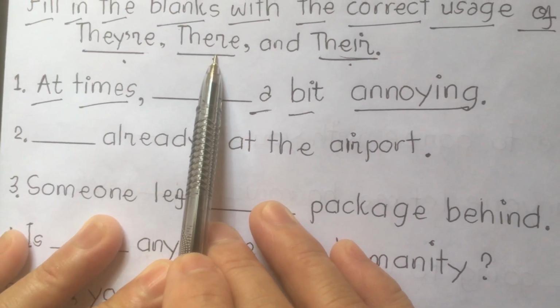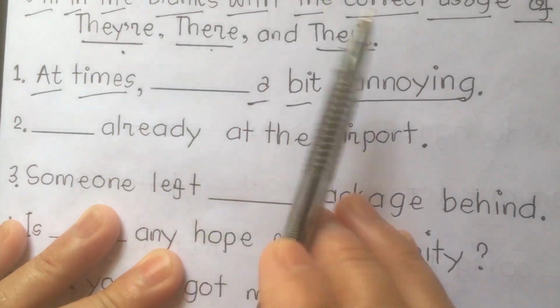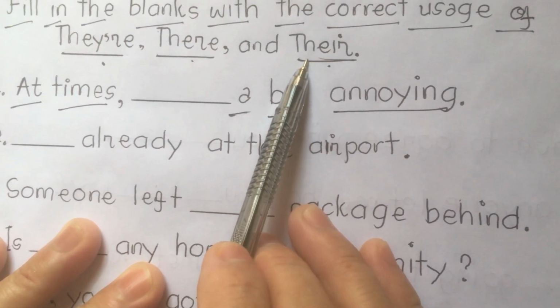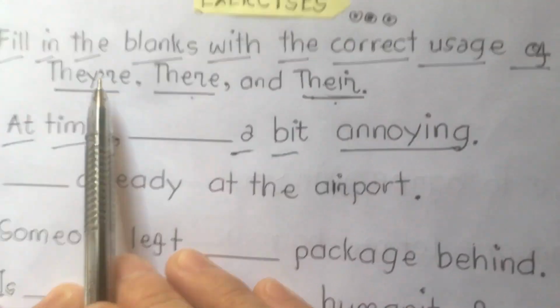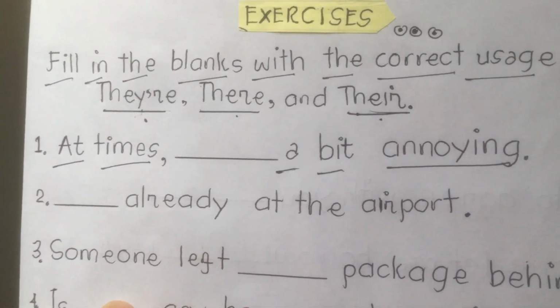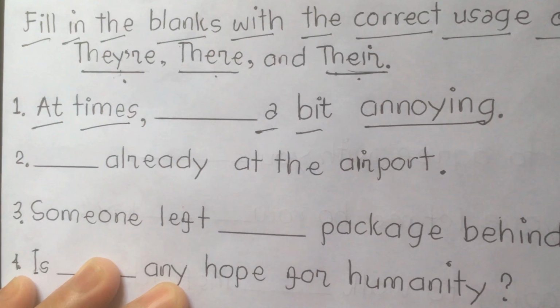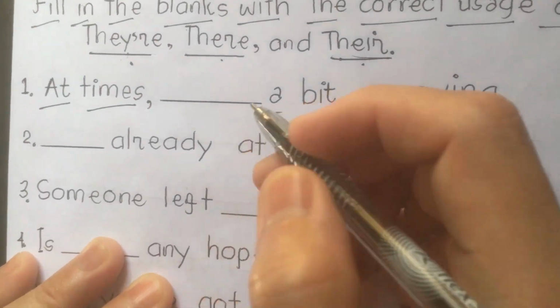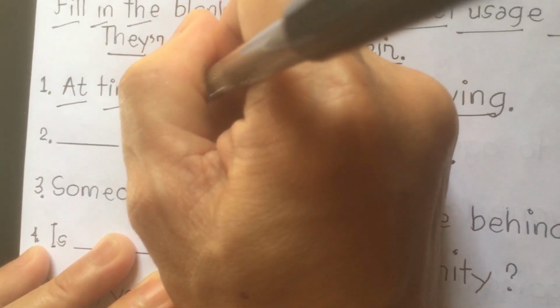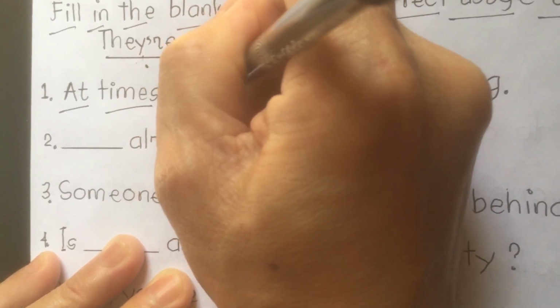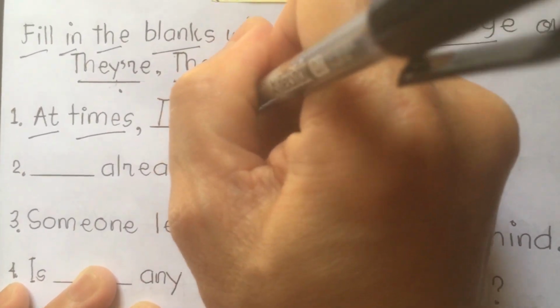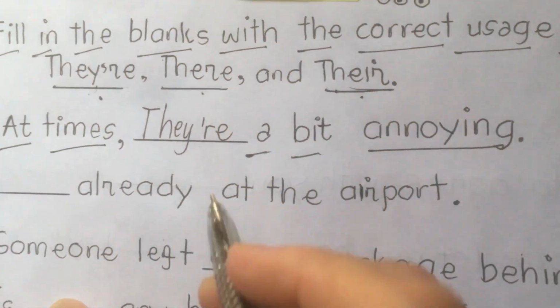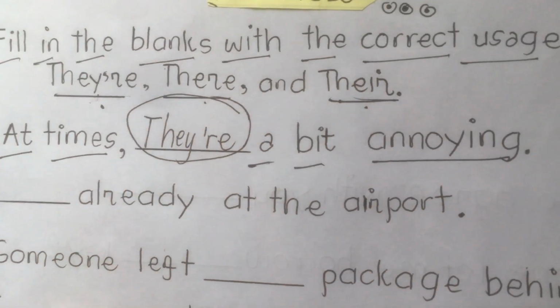It's an adverb, also used as a pronoun. Their shows ownership. Or they're, the contraction of they are, which is a matter of style or informal speech and writing. Number 1, answer is, please follow along, guys. Okay, this is number 1.